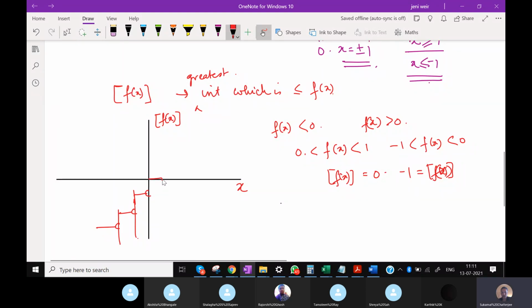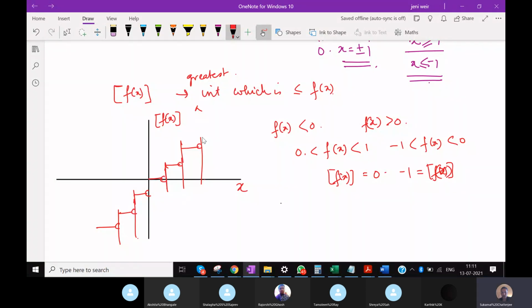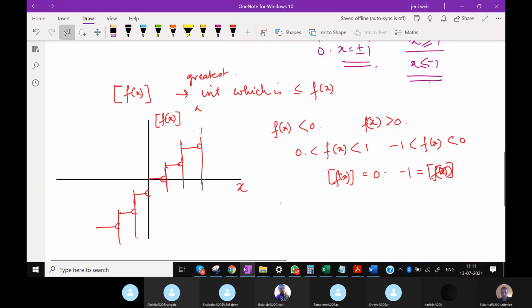So it will be step functions like this, where it is discontinuous at each of the integer values.